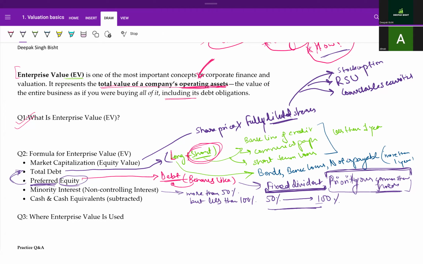The parent must report 100% of its subsidiary's revenue and profit, even though it does not own all of it.